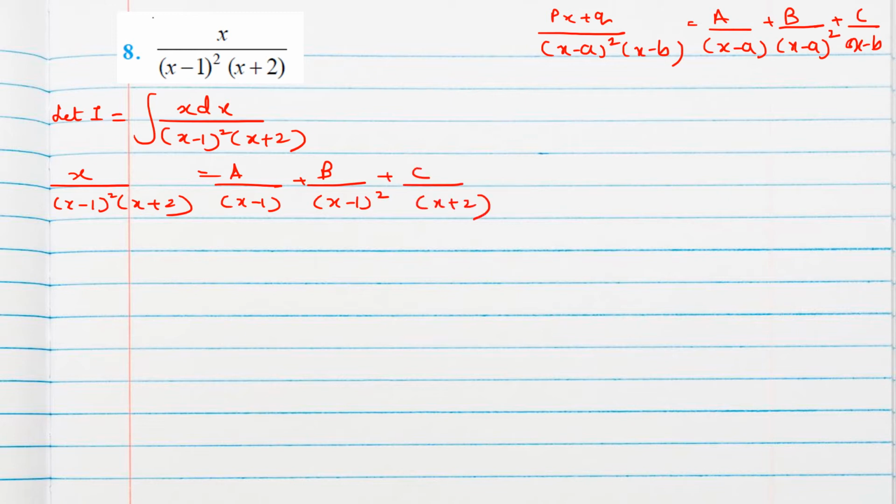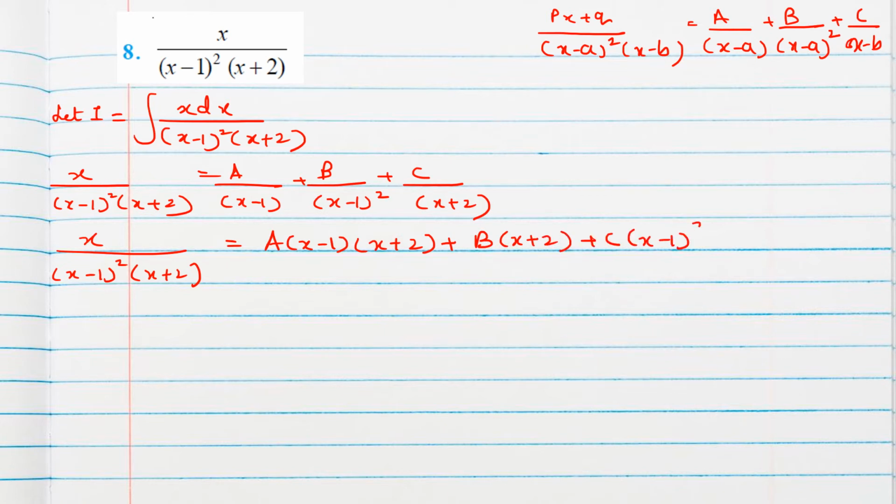Okay, so if you take LCM here, so LCM will be x minus 1 whole square x plus 2. Okay, so here with a, x minus 1 will come and x plus 2 will come, and here with b only x plus 2 will come, with c x minus 1 whole square will come. Okay, and in denominator x minus 1 whole square x plus 2.